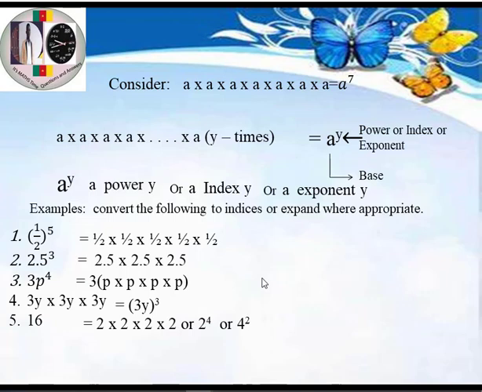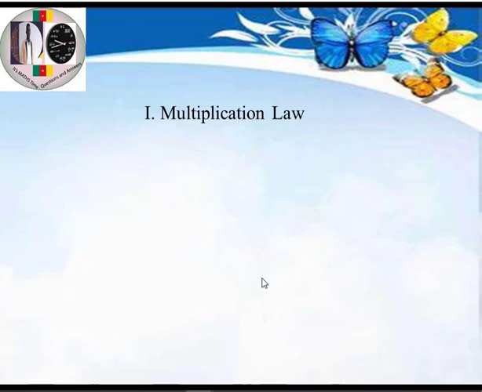Now let's see the laws of indices, and the very first law we are going to handle is the multiplication law. To understand how it works, let's consider 5 multiplying itself 3 times, times 5 times 5 times 5 again. You know, a bracket from BODMAS simply means multiplication.